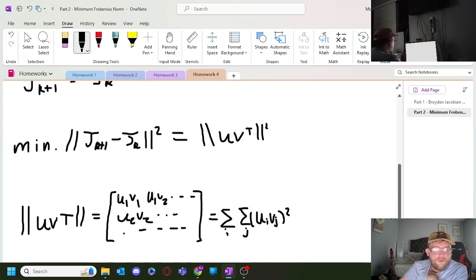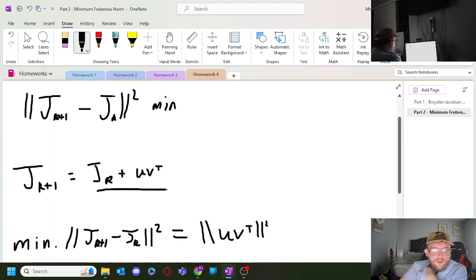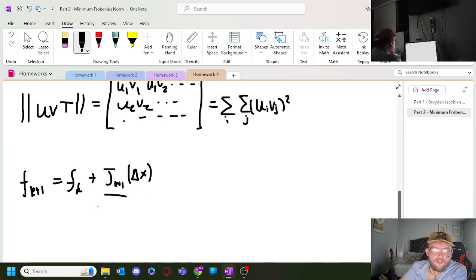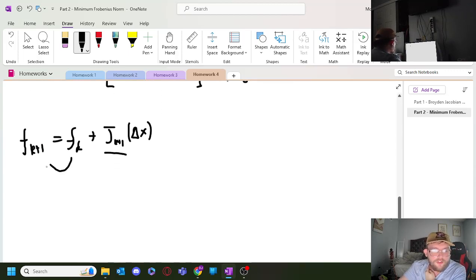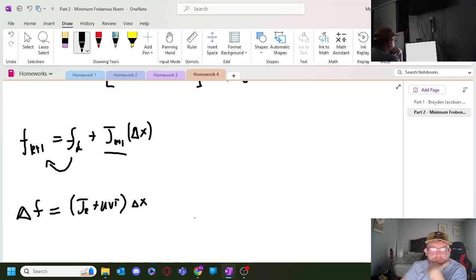Now notice the Jacobian there, we have the equation for it up here, so we can substitute that in. All I'm going to do is flip this over to this side and make this our delta F equals Jacobian k plus u v transposed times delta x.